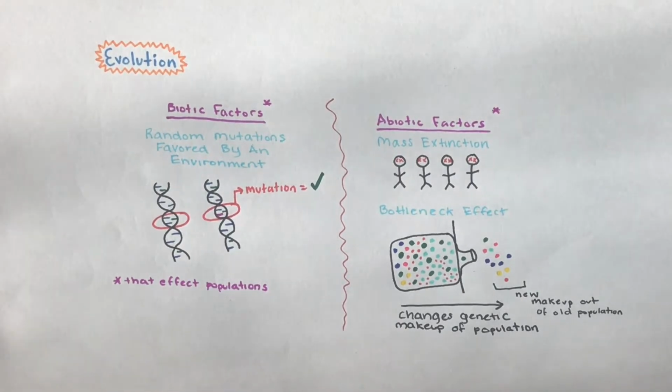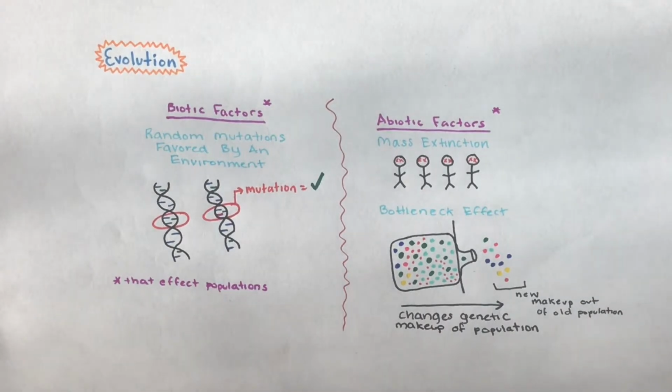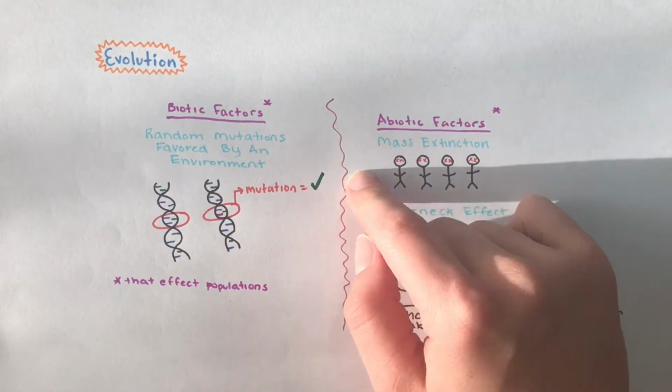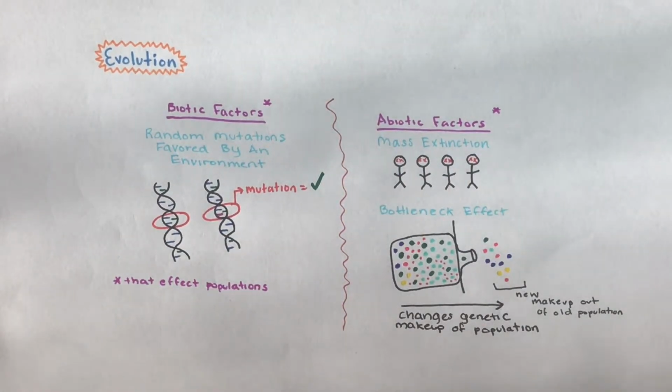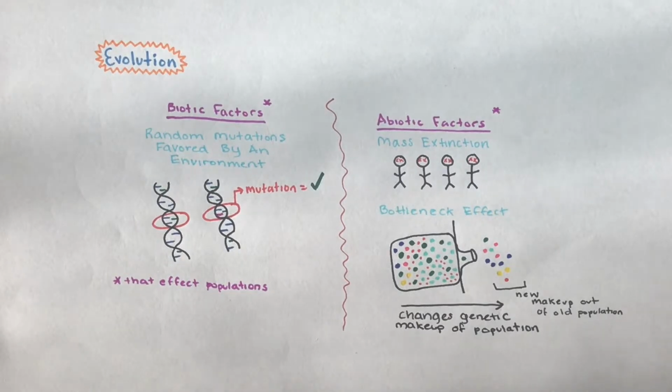So here we have biotic factors that could possibly affect evolution. An example of one of these is a random mutation that's favored by the environment. All mutations and all changes and adaptations come from random mutations, and then that individual survives better than the others and has more offspring who are more fit, and that's how a mutation or an adaptation makes its way into the population, and that will change how the population is.